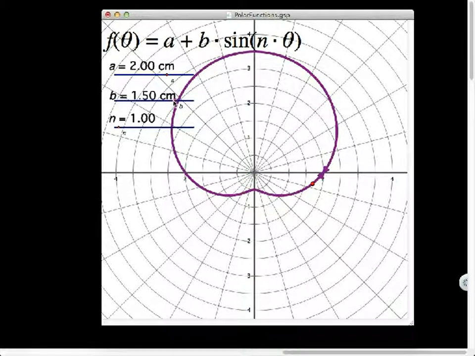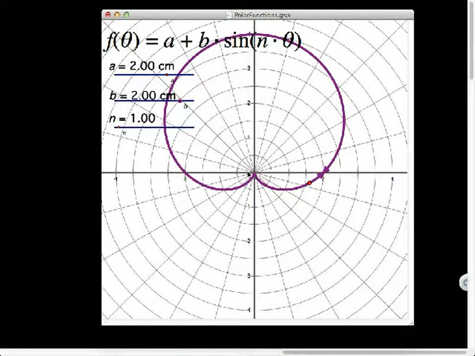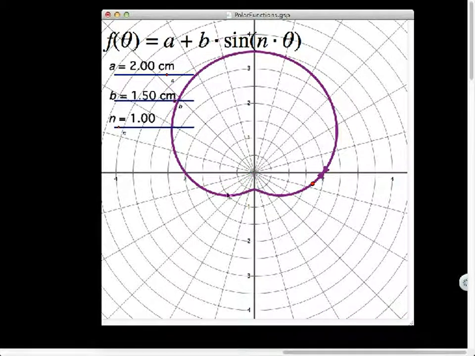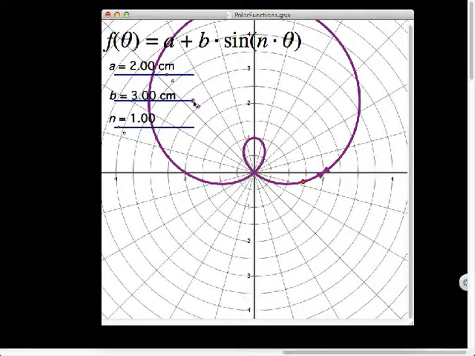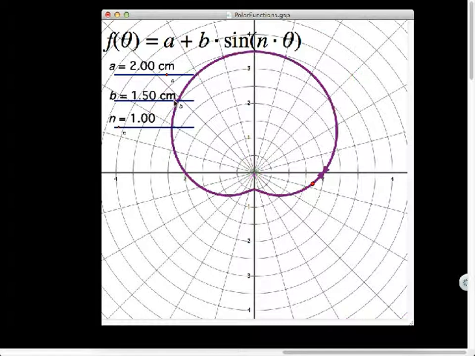When they're equal, that's when I get the cusp, where it comes to a sharp point and then cuts out. When it was a little bit different, this is a smooth transition, so it's not a cusp. And past that, notice the cusp becomes an inner loop the moment B becomes larger than A, oddly enough.